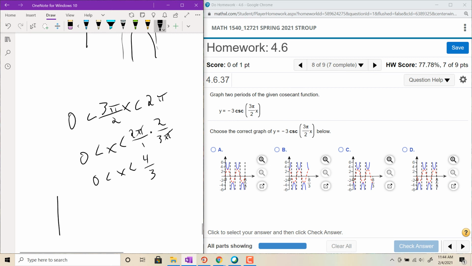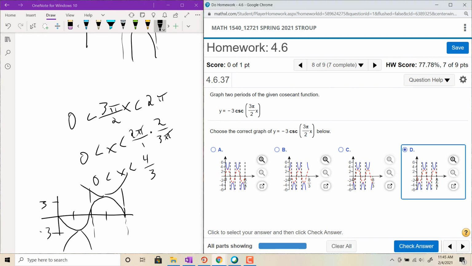I'll be going by 1/3, 1/3, 2/3, 3/3, 4/3. Again, it's a sine, but it's flipped. Amplitude 3, so it'll look like this. Okay. Oh my god, I gotta sneeze. Or this is 3. Okay, so it's going down. It looks like it's D.